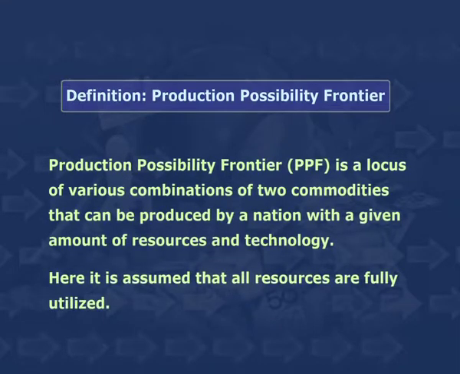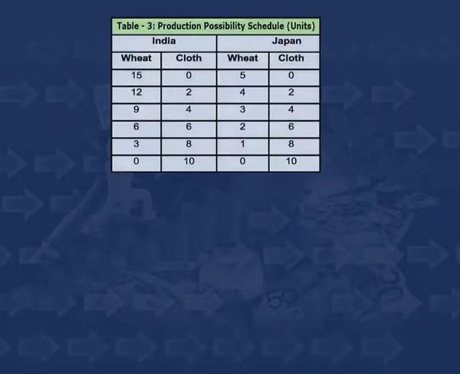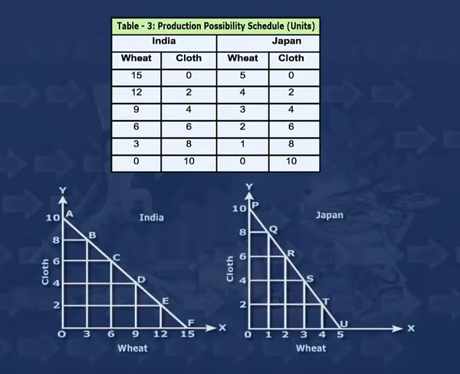Here, it is assumed that all resources are fully utilized. Table 3 gives the production possibility schedule of wheat and cloth in India and Japan. The diagram of the production possibility frontier can be drawn from its schedule.